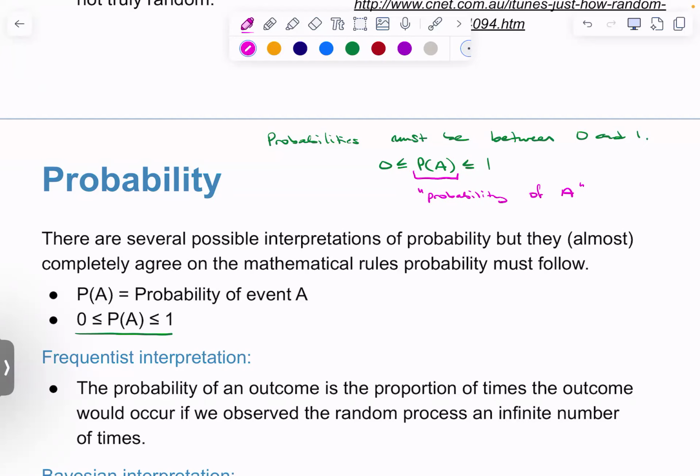So this is a generic placeholder for anything that you want to talk about. Now, usually we use notation, well, it depends on the question.